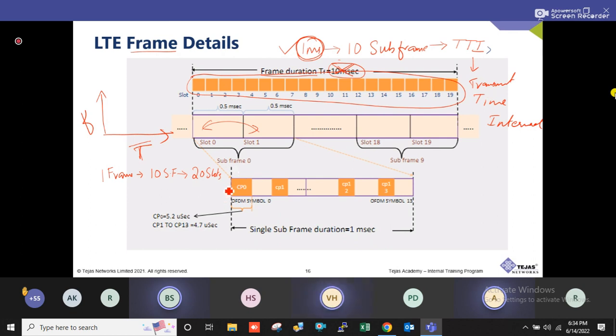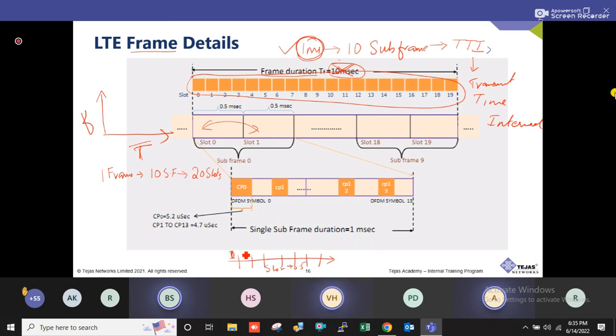Now these 20 slots, again there is one more granularity available. Each slot, you can see here in the time domain, which has a duration of 0.5 millisecond, has totally 7 OFDM symbols.